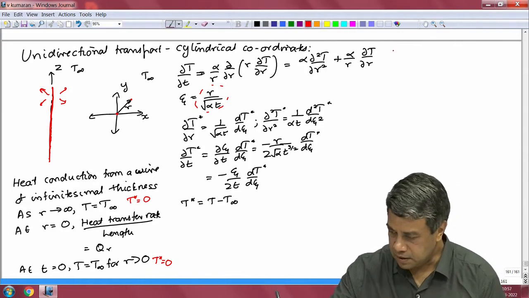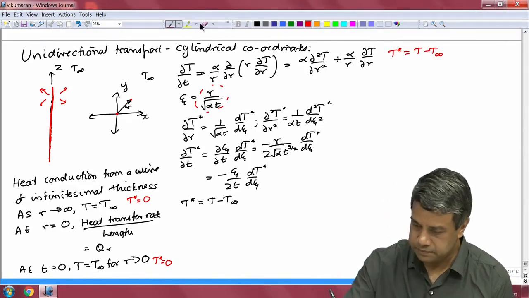And let me write that T star is equal to T minus T infinity.